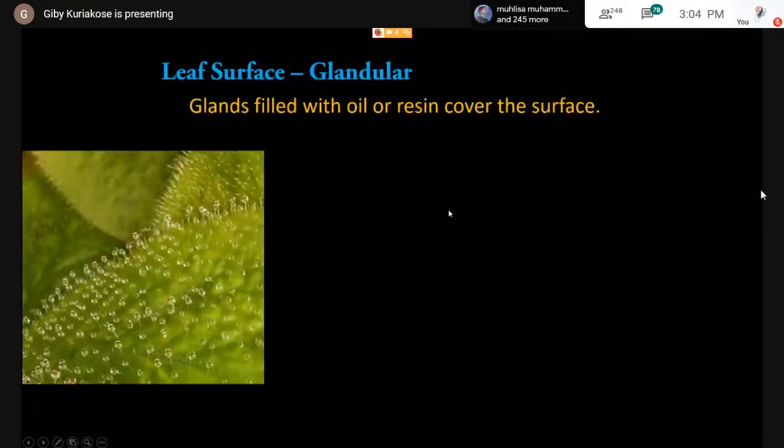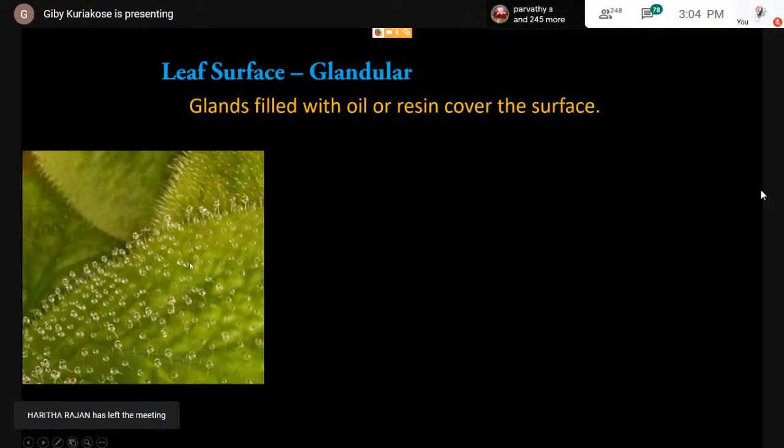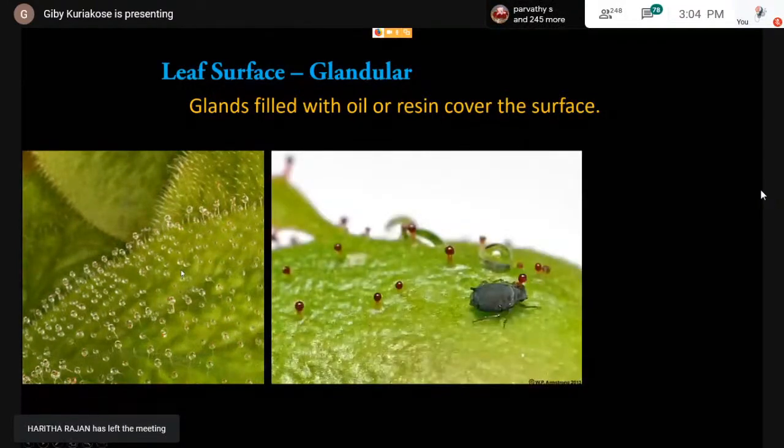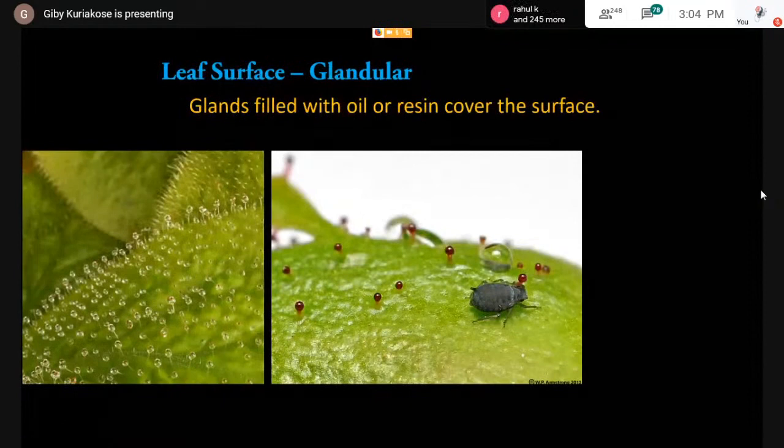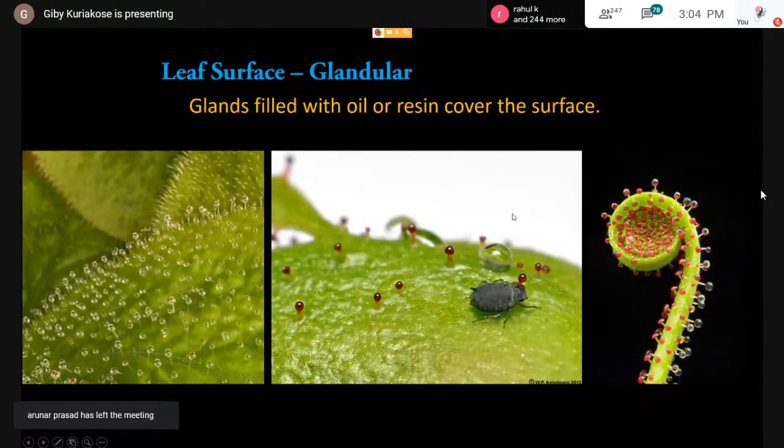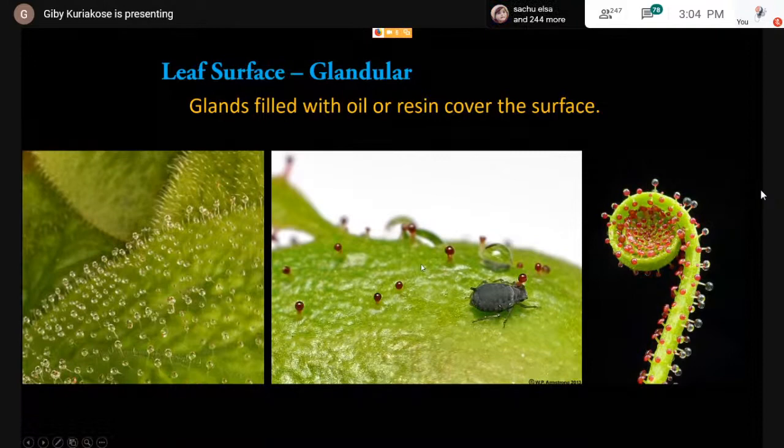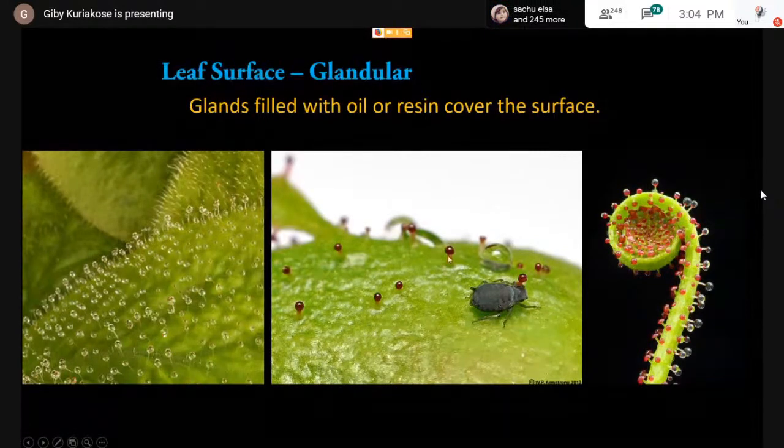Okay, then glandular. Some of the leaves, even when you touch them, you can easily understand are glandular leaves. Not only leaves, but also the pedicel, peduncle, or even some of the internodal region, stipule or whatever it is. There are so many glandular structures, and these glands might be secreting different exudates. Secretory glands are there, non-secretory glands are also there.